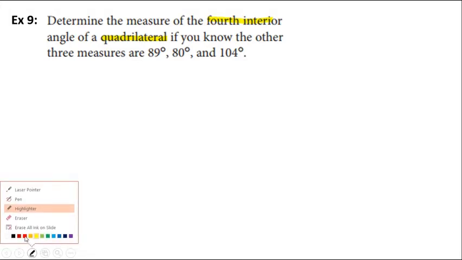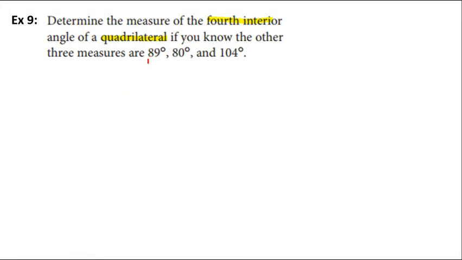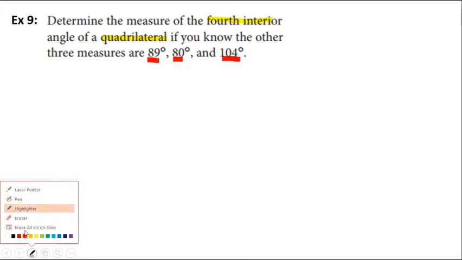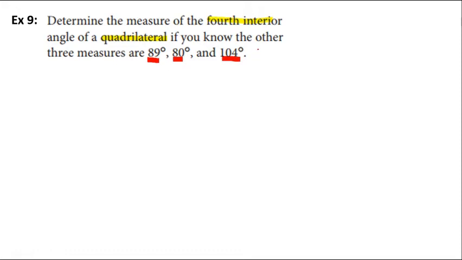So what they give you right now is three angles. They give you 89, 80, and 104. So the one that we don't know, call it x. That's the one we're trying to solve for because we don't know what that one is.